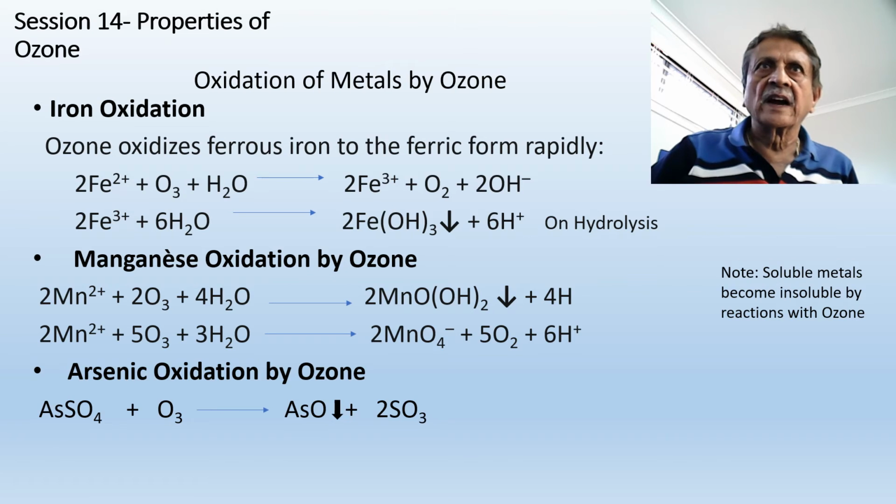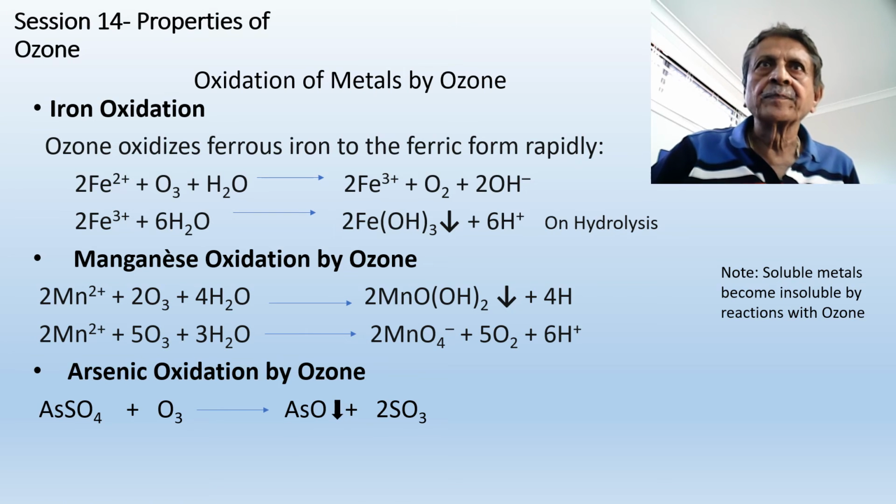First, the iron oxidation. In many of the waters in the reservoir or rivers, there might be quite an amount of iron, which will give coloration if we boil it, and it may be unpleasant to taste.